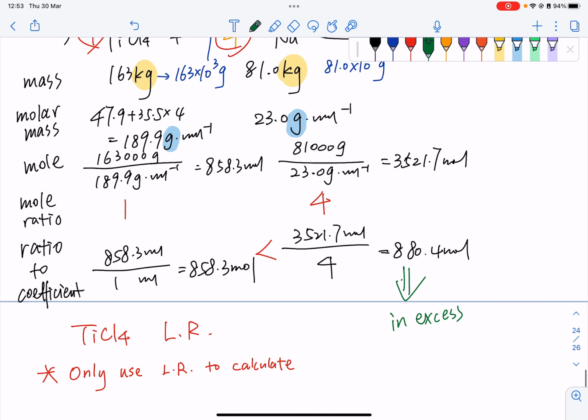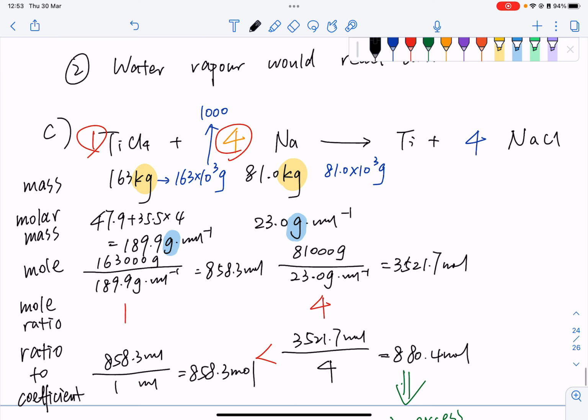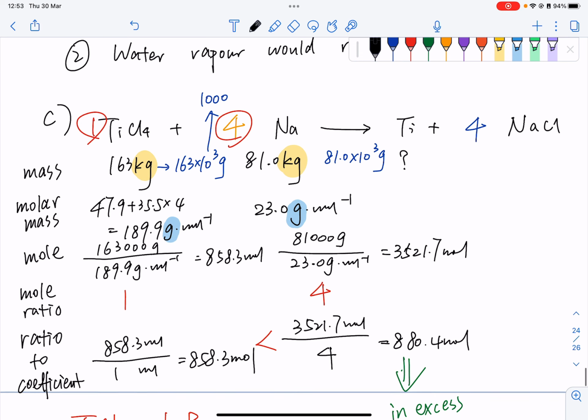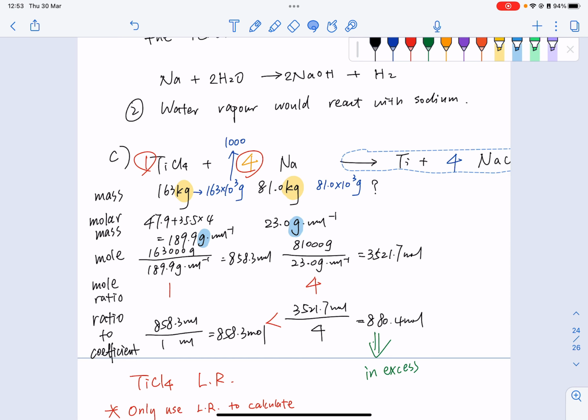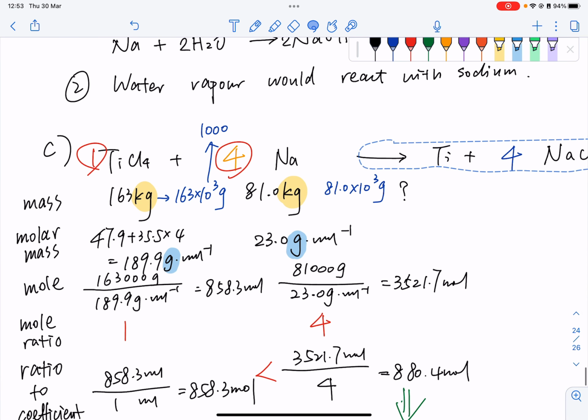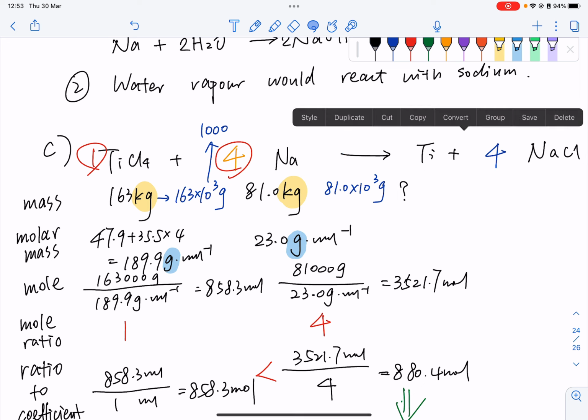Alright, now we know which one is a limiting reagent. What does the question ask about? Calculate the mass of titanium produced. Can we calculate the mass of titanium produced this time? How about I move it a little bit there? Probably here, yeah.